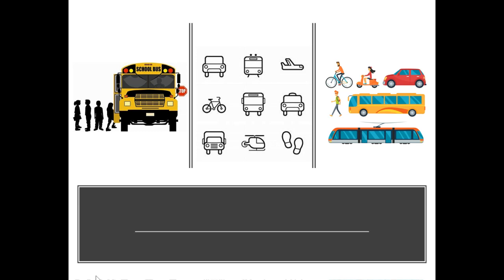In the next picture, I notice different ways to travel, maybe by car, train, helicopter, foot, plane, truck, bicycle. And in the next picture, I notice people traveling different ways: bike, moped, walking, train, bus, car. So, how are these pictures all the same or similar?